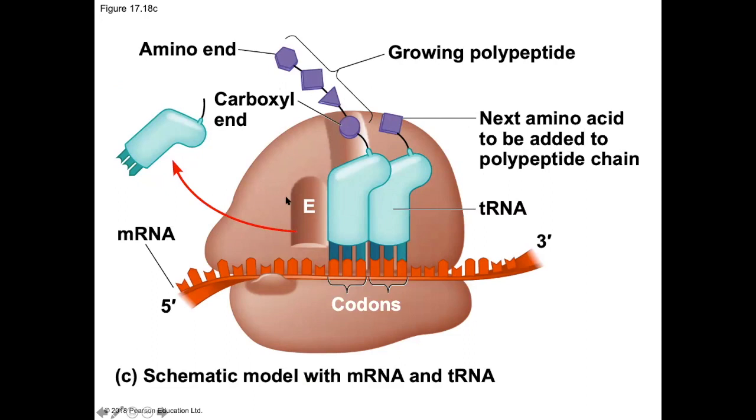As I have said earlier, you have the P site, which holds the tRNA and the growing amino acid chain. And then the next amino acid is accepted or located in the A site, and it will go to the P site once this tRNA is done. And then once the tRNA has attached the amino acid, it will leave through the exit site, or the E site.